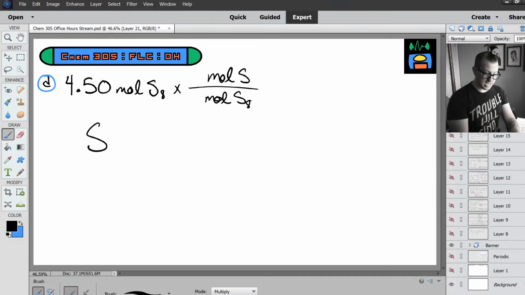When you look at the molecular formula, 1 mole of S8 has 8 moles of sulfur atoms in it, so that is our ratio here. Next, we need to convert, because we want to know what the mass of sulfur atoms are. We convert from moles of sulfur to grams of sulfur.